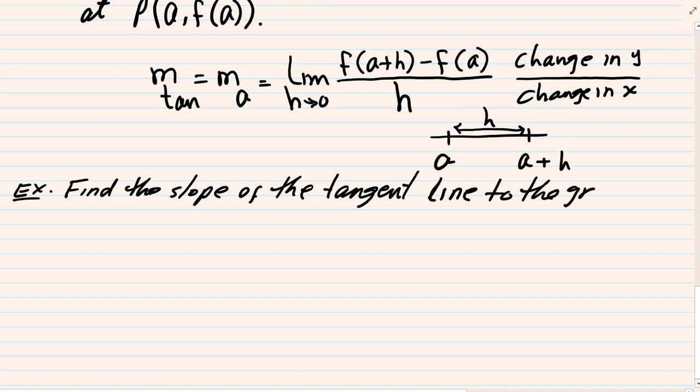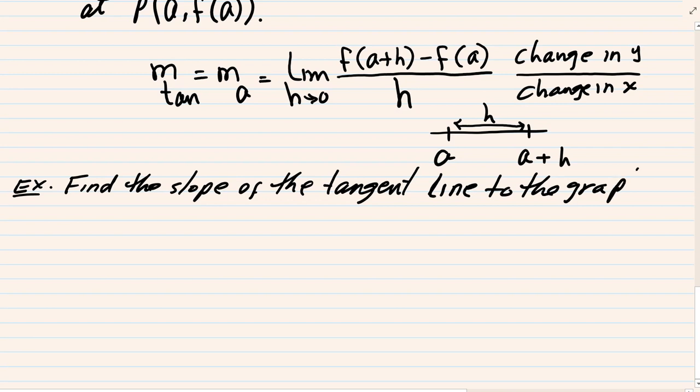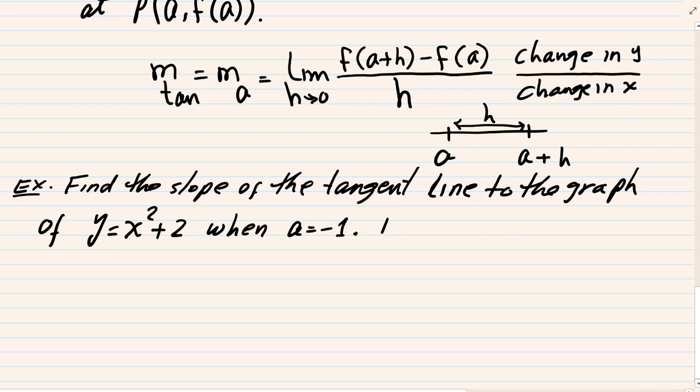Let's make it to the, say, graph of y equal x squared plus 2. It's a simple parabolic function. And we want to find the slope when a, let's make a to be, let's go a negative 1. Okay, when a is negative 1. And we also want to find the equation of the tangent once we find the slope.